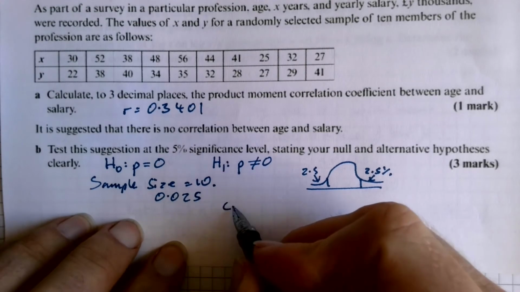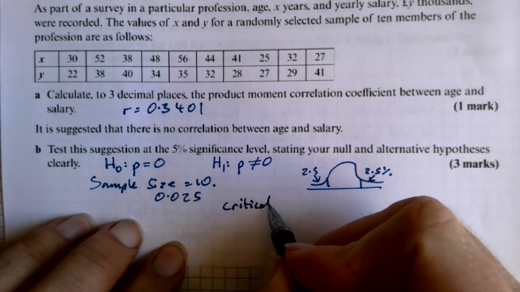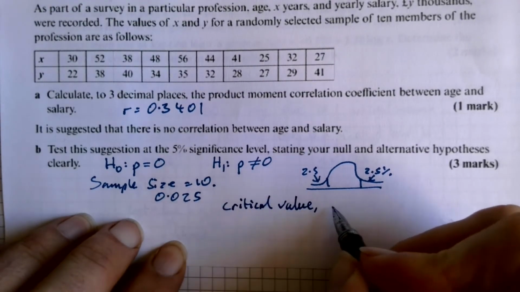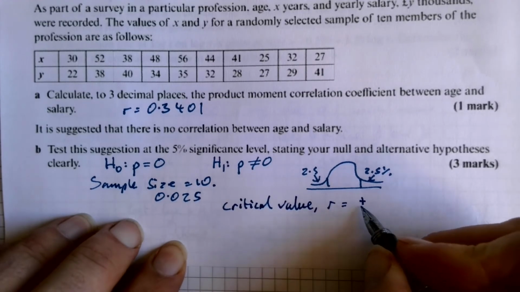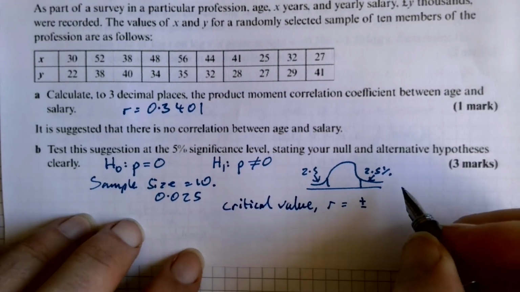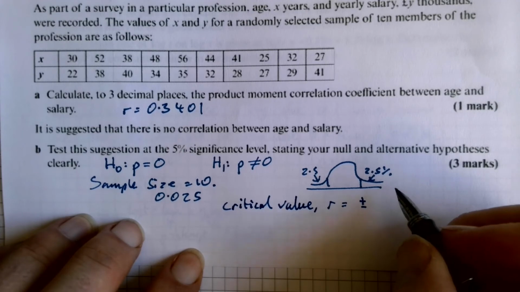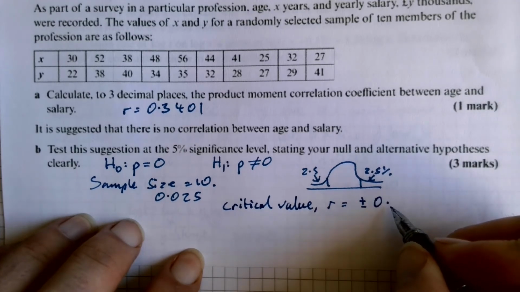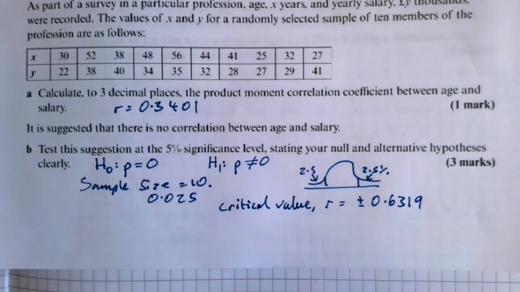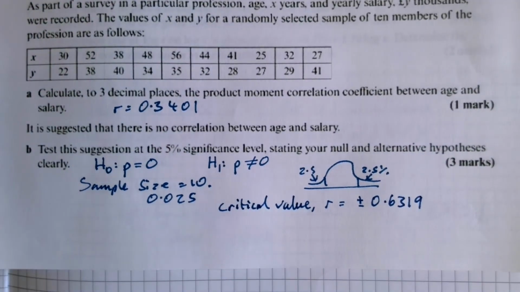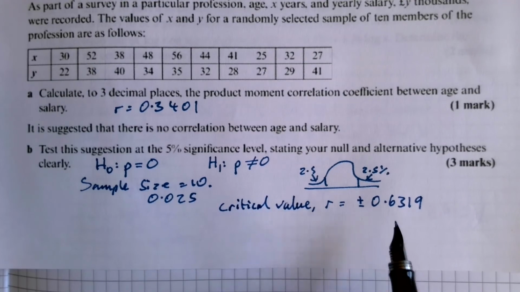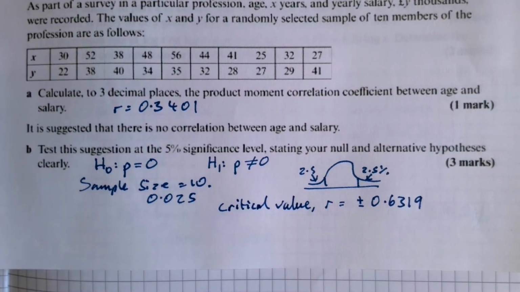So that's the critical value of R, and remember it's plus or minus because it could be a negative correlation, 0.6319.